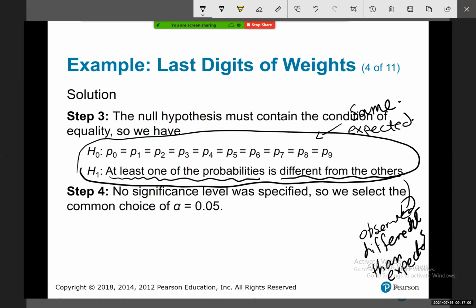And then I'm going to go back to definitions. So by the end of this section, we're going to write the null hypothesis that probabilities are the same as expected, and then the alternative would be at least one probability is different from the others or from the expectation.